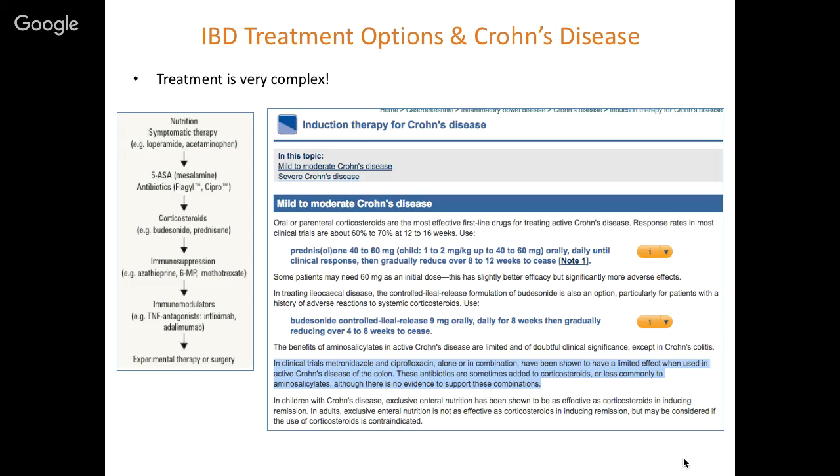So for Crohn's disease, generally you'd start with oral steroids for acute flare-ups. Highlighted down below in clinical trials, so Flagyl or metronidazole and ciprofloxacin. Some consultants do use it, and sometimes they're added to corticosteroids, but there's not much evidence to support they actually work. So that's for mild to moderate Crohn's disease.